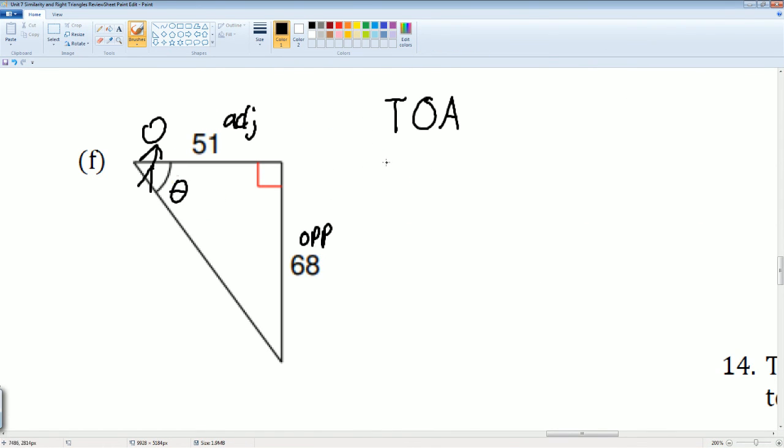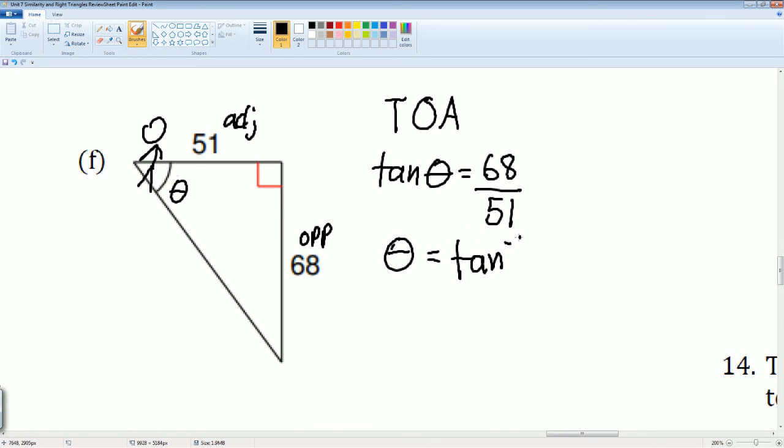So we write this as tan theta is equal to opposite, which is 68, divided by your adjacent, which is 51. We want theta alone, so theta is equal to tan inverse of 68 divided by 51. So what do you have?